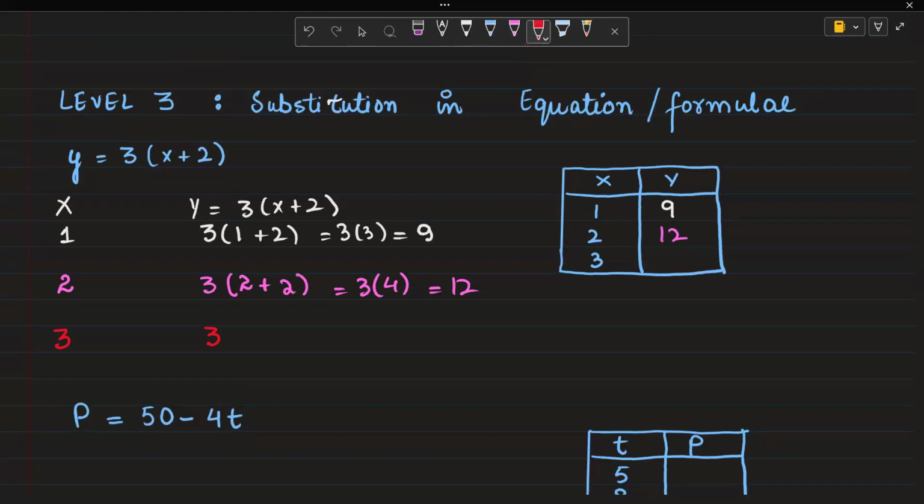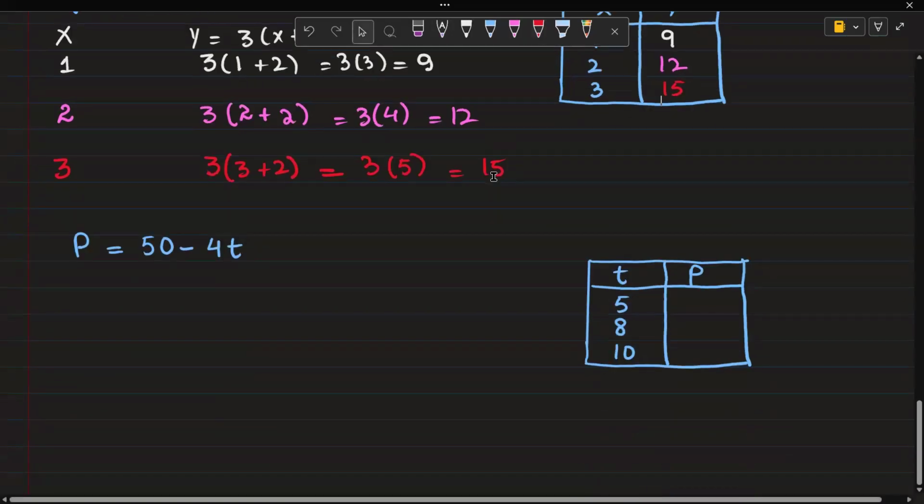So that gives me 3 times x plus 2, which is 3 times 3 plus 2, which is 5. 3 times 5 is 15. So your value is 15 here. I hope this is clear. And similarly, you can plug in a lot of points here as x to get the values of y at those points of x.